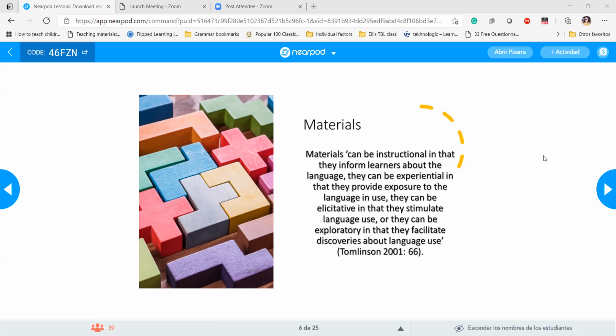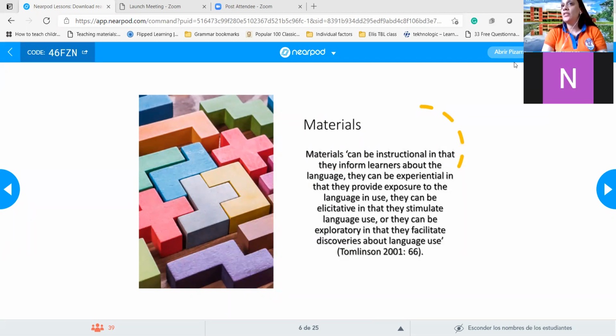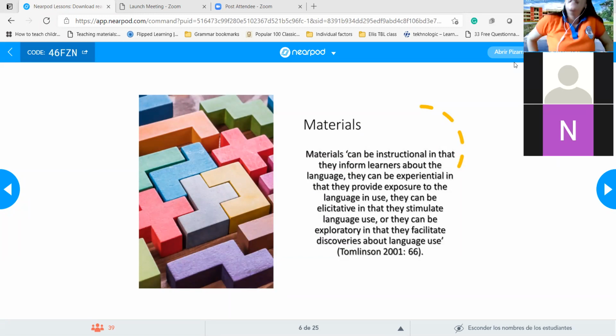A video, yes, a video can be instructional. What other ones? A textbook, teacher. A textbook is also instructional, very good. A worksheet, in this case, yes, a worksheet can be instructional because by practice we can learn.